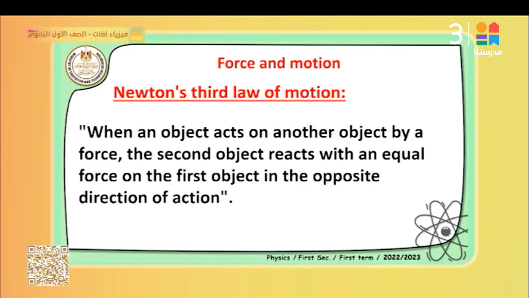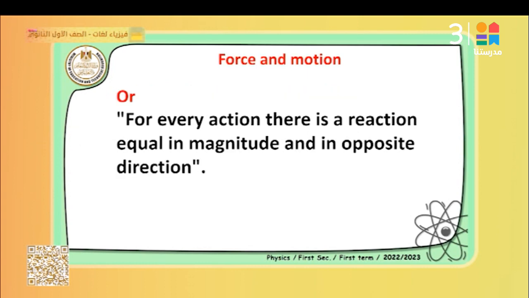Newton's third law states that when an object acts on another one by a force, the second object applies a force on the first object, and this force is equal in magnitude but in the opposite direction, which means if I have two objects and one acts on the other with a force, the second object will apply the same force on the first one, same magnitude but in the opposite direction.